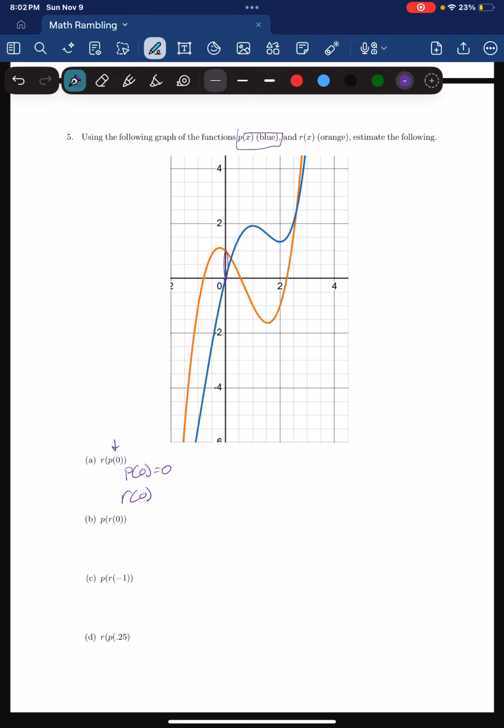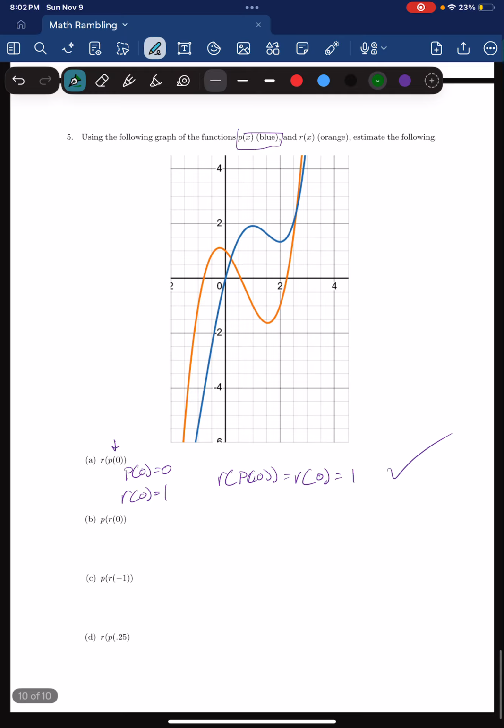Here's our y value right here. What is that? That looks like 1 to me. So R of P of 0 equals R of 0 equals 1. Check. Verified and done. Done and dusted.